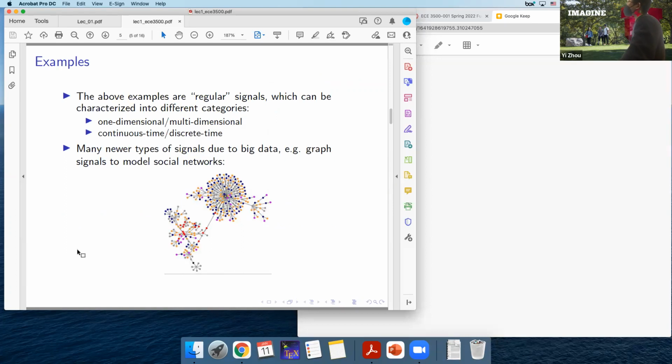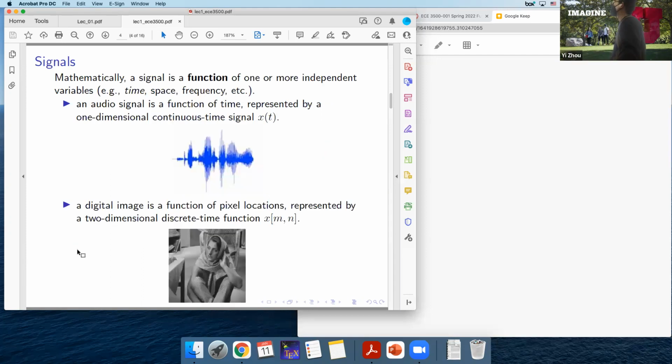The previous examples are regular signals, which can be categorized into different categories. For example, we can say either they are one-dimensional signals or multi-dimensional. This is a one-dimensional signal because we are looking at only one variable. But here we need two variables to describe it. So it's a two-dimensional matrix.